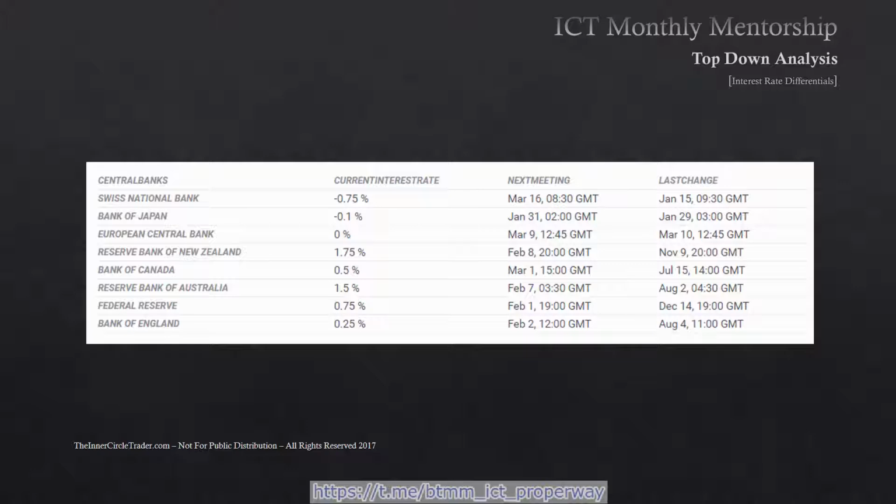Swiss National Bank, Bank of Japan, European Central Bank, Bank of Canada, Bank of England, even the Federal Reserve, really, are at the very low end of the interest rate curve based on this list.